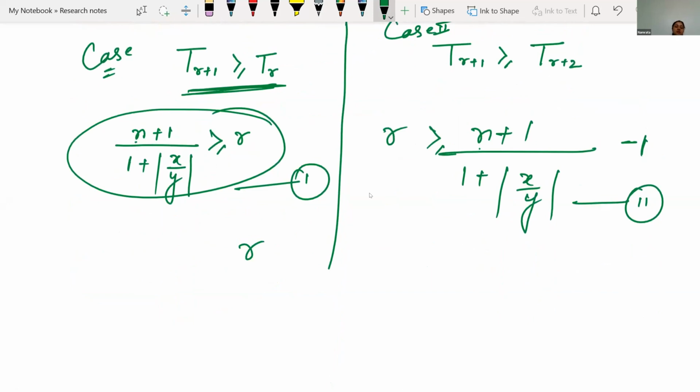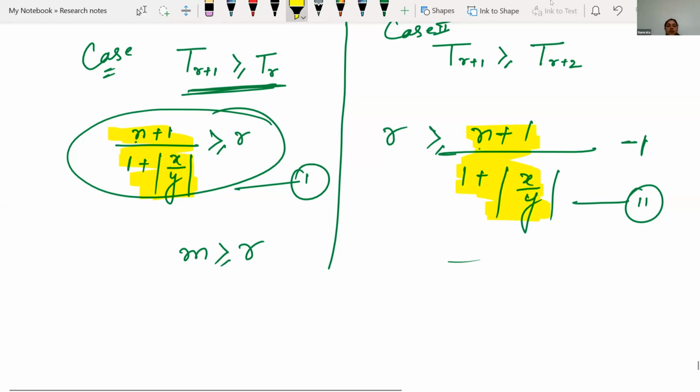So r is less than or equal to m, and here also you can see the same yellow part, so r is greater than or equal to m minus 1.